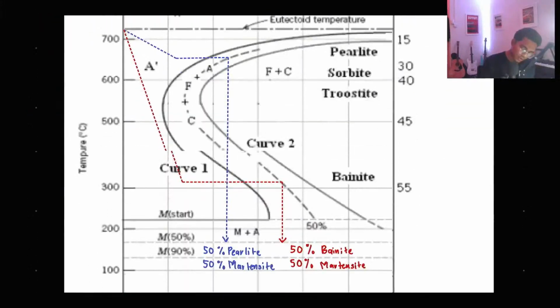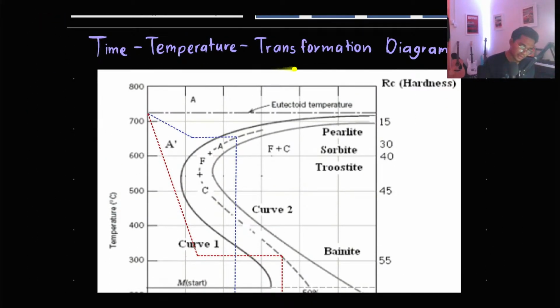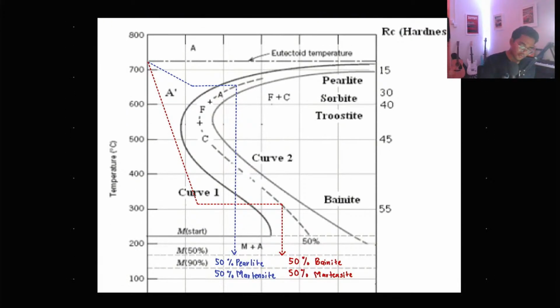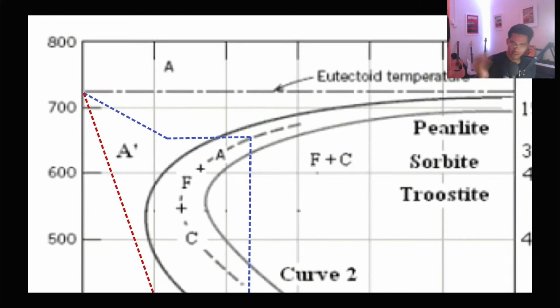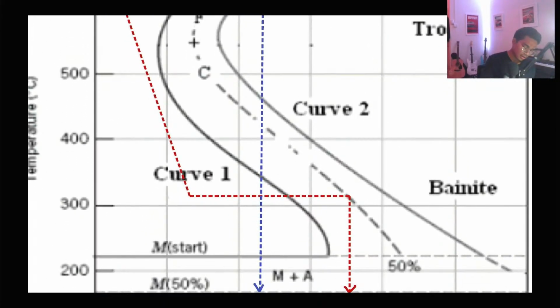We can see here, this is what we call the time temperature transformation diagram. This is the first diagram in the first page. This is the difference in T. Delta T over dt is low. This one, delta T over dt is high.